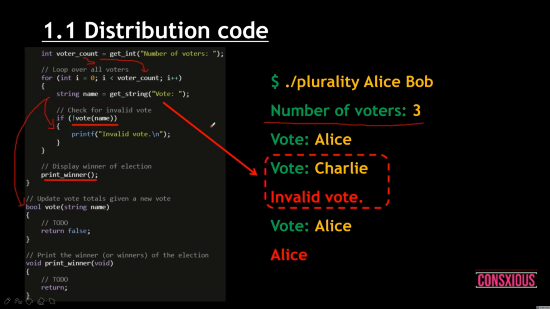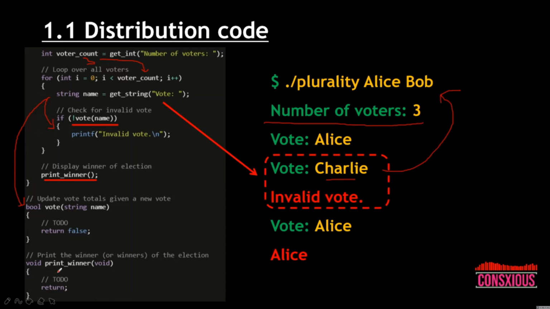You can see if this Charlie is not within the candidates, it will print invalid vote. Else, it will go through this and update the vote count. So this is just to check whether this candidate is inside the names that we type.